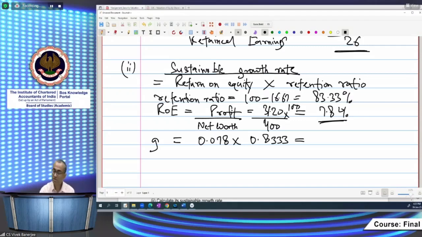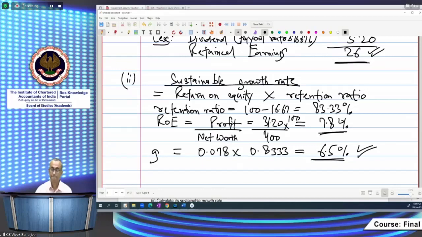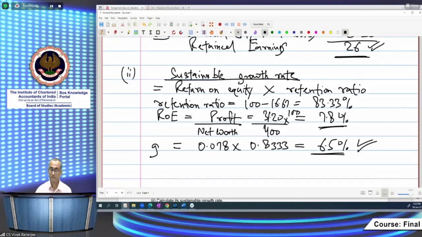Actually it is coming to 6.5%. So sustainable growth rate is 6.5%. Okay, so in this way we have solved this question.